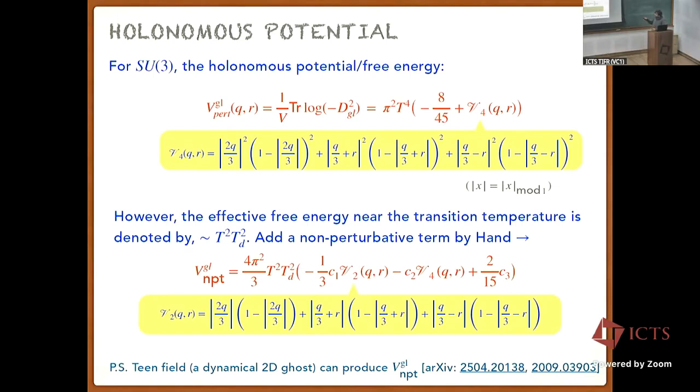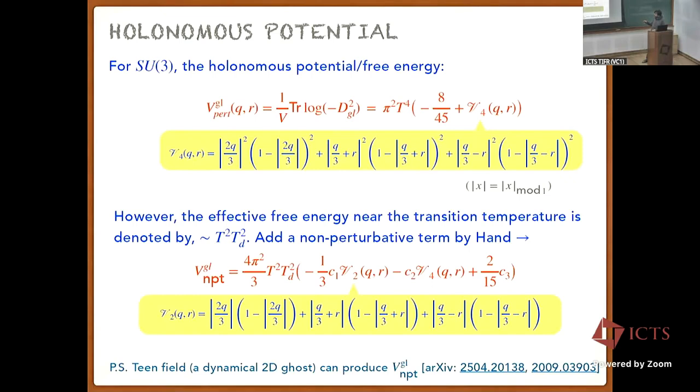But since in the later part of the talk I'll be adding quarks, deconfinement does not make sense. In that case, we will be concerned with the chiral phase, I mean T chiral. So for now, T_d is just a parameter.